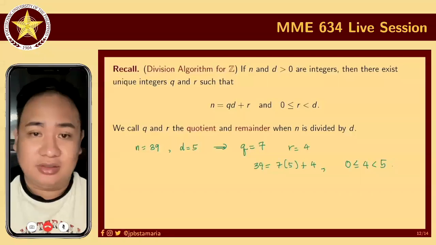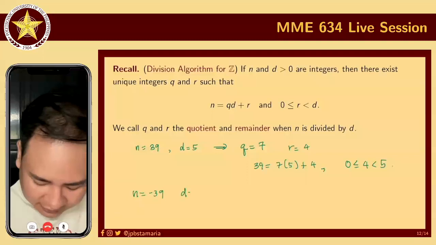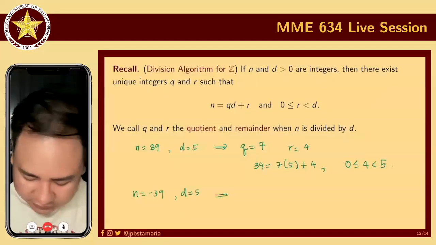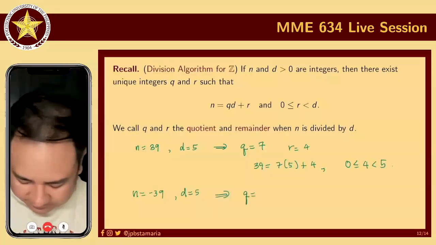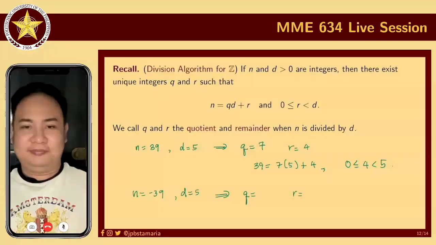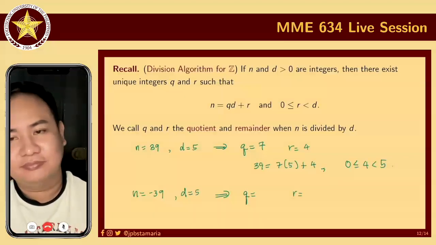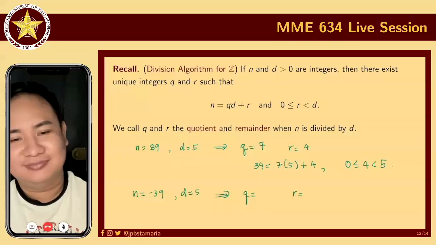Right? Halimbawa, ang N ay negative 39, ang D naman ay 5 pa rin. Ano ang Q at R? Sige. Anong Q? Negative 7.